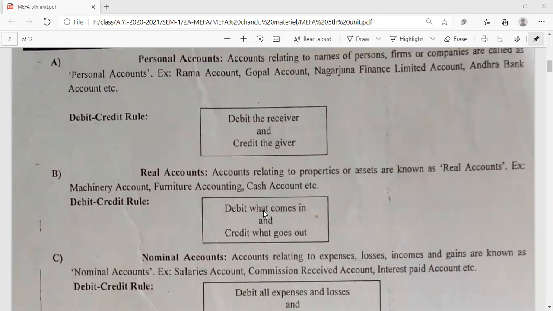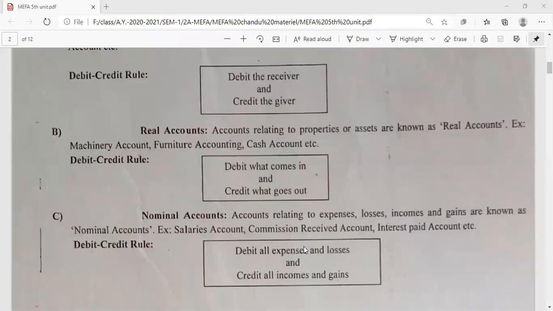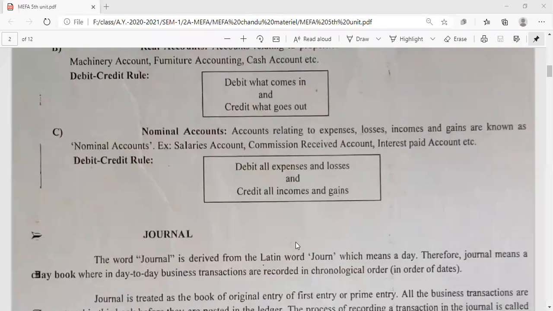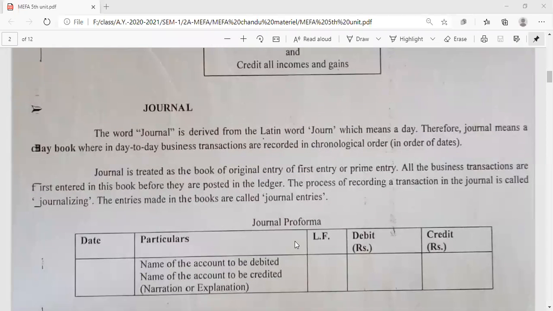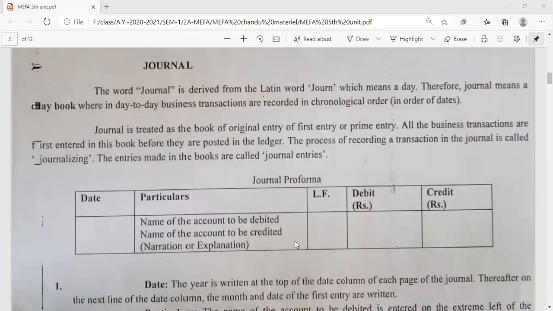Okay, those all are the nominal accounts. So that is the double entry system, right? Now we go with the journal.